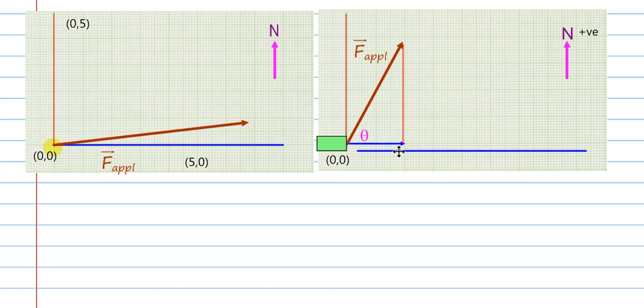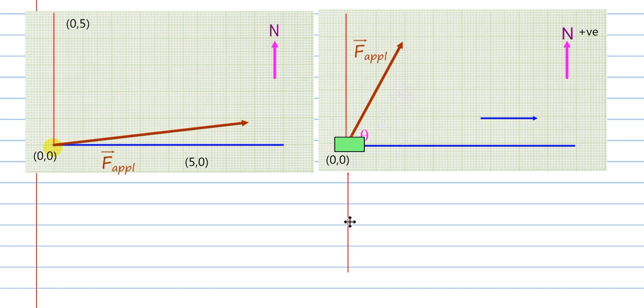So imagine that if we were to apply a force on this object only in the easterly direction, you would expect the object to move only in the easterly direction. Similarly, if I was to apply a force on this object only to the north, then I would expect that my object would move only to the north.